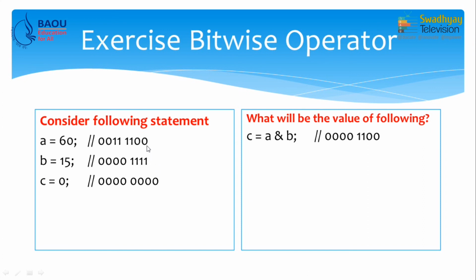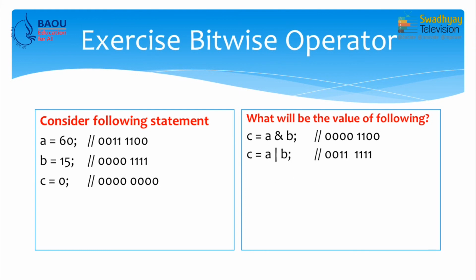So, 0 and 1 will result in 0, then 0 and 1 again result in 0, but the next 1 and 1 are matching, so it will again be 1 1, and all the rest, 1 0, 1 0, 0 0 and 0 0, will result in 0 0. So, we have the answer which is shown in the comment.